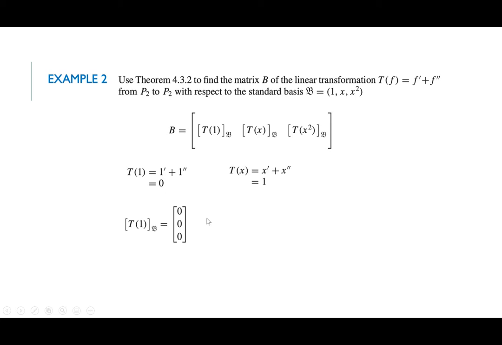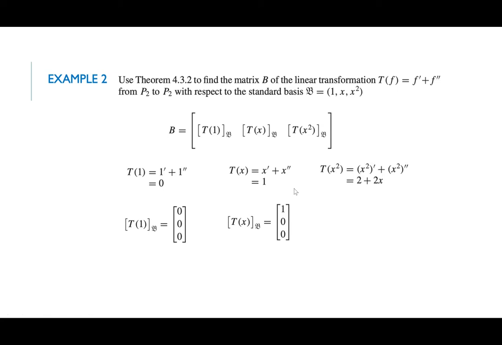All right, let's look at what happens to basis vector x. X prime is 1, x double prime is 0. So we get the transformed vector Tx is 1. And what is that in terms of our basis? Well, it's 1 times our first basis vector plus 0 times our second plus 0 times our third.